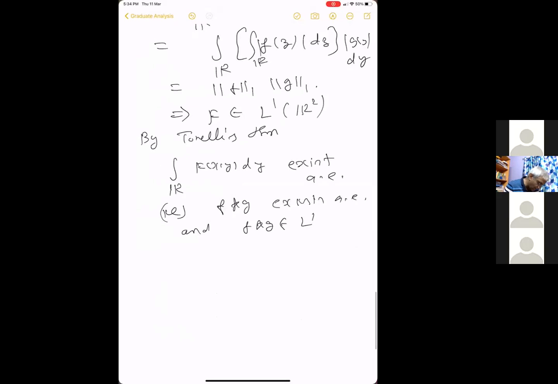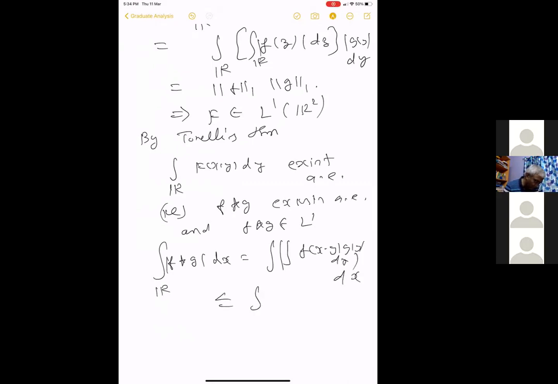Further, if you want to consider the integral of f star g, you want to compute the integral over R of mod f star g dx, which is equal to the integral of mod of the integral of f of x minus y, g of y, dy, then dx.